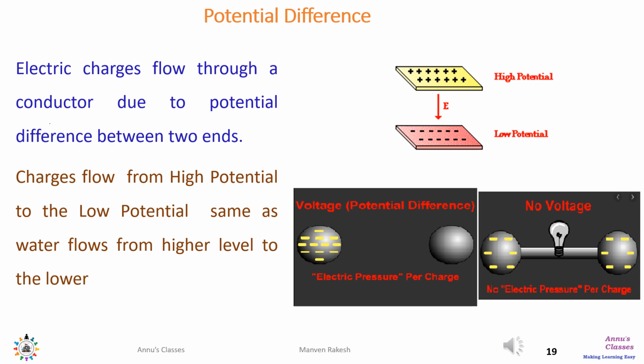Water flows from higher level to the lower level. Likewise, charges flow from the higher potential to the lower potential, as shown in the figure. They will keep on flowing till both the ends reach the same potential level.